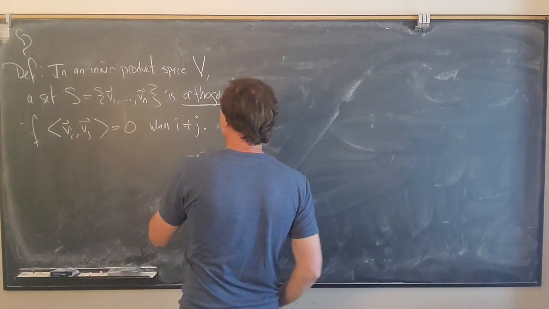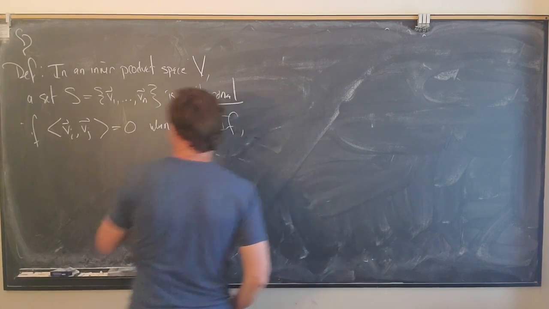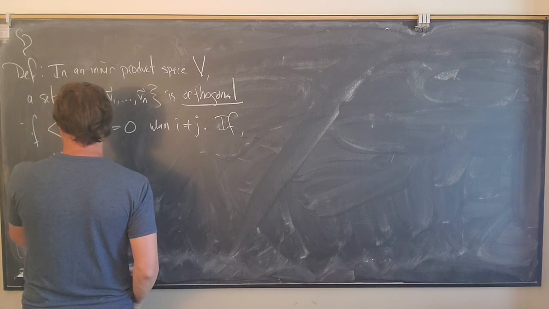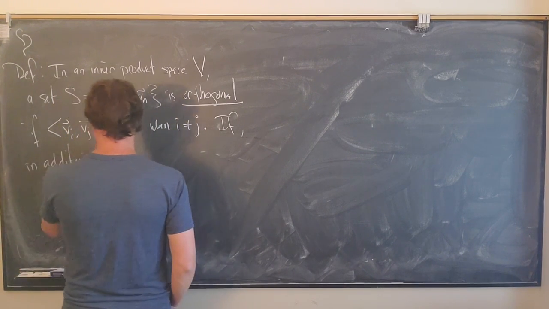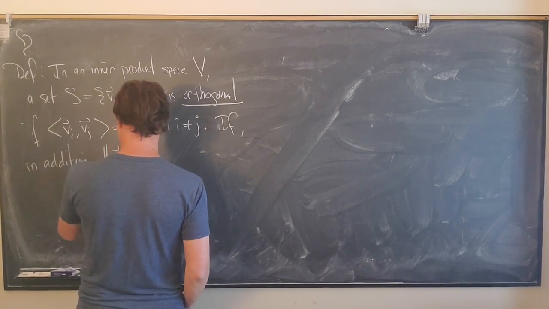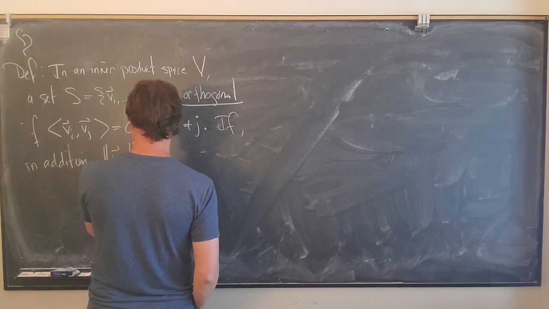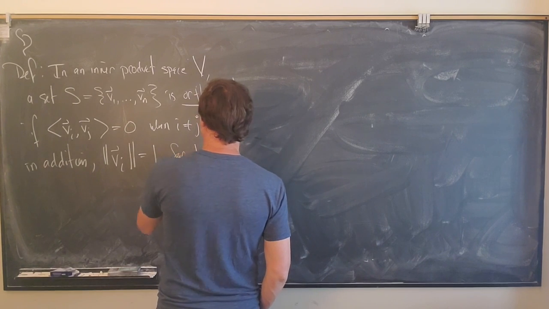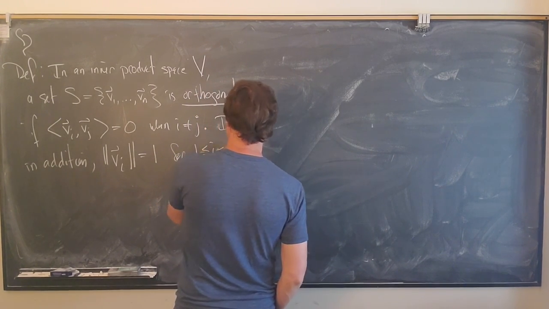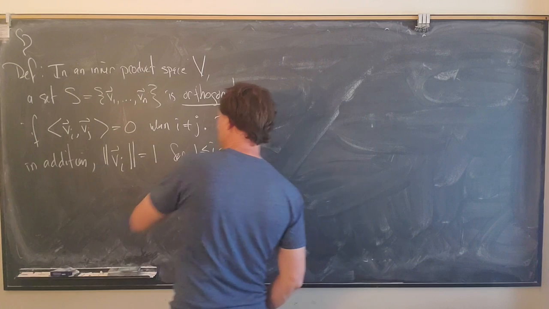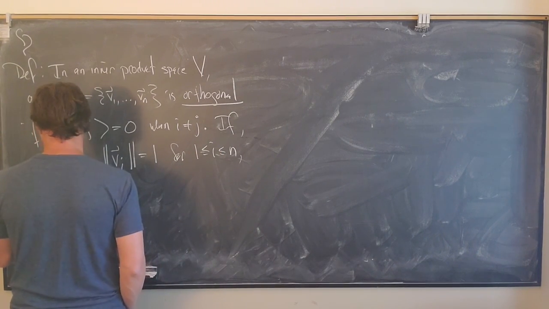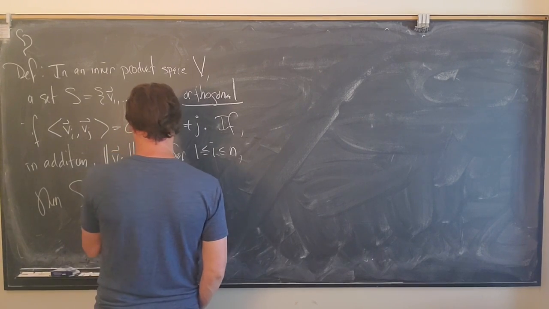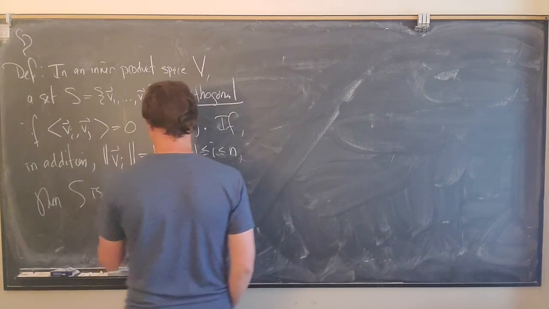Now there's a little bit more, so if, in addition, the norm of Vi is equal to 1 for each i between 1 and n, then S is orthonormal, right?